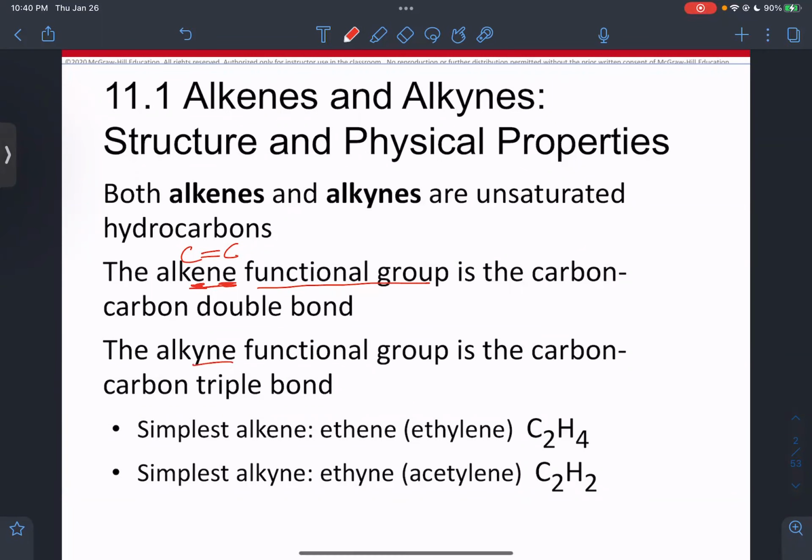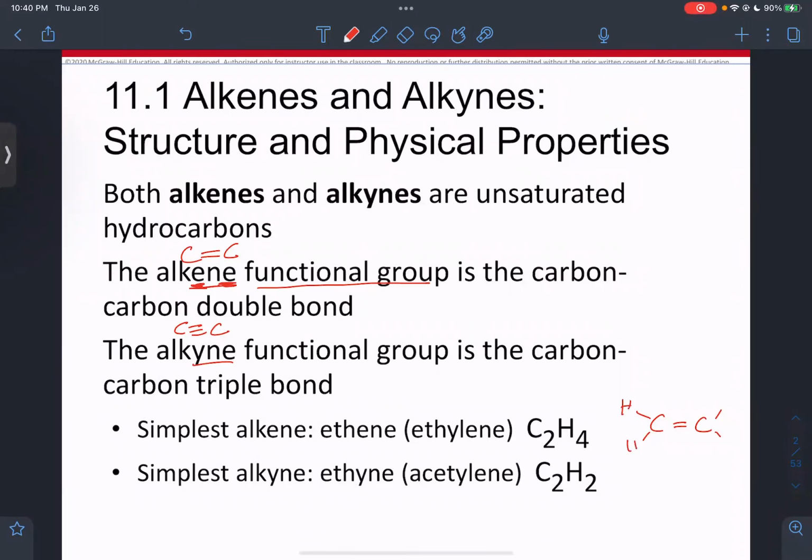The alkyne functional group is the carbon-carbon triple bond. So you already know the alkane, now we know alkene and alkyne. The very simplest alkene is ethene or ethylene. That has two carbons, and those two carbons must contain that double bond. Then in order for carbon to have a complete octet, it wants to have two more bonds.